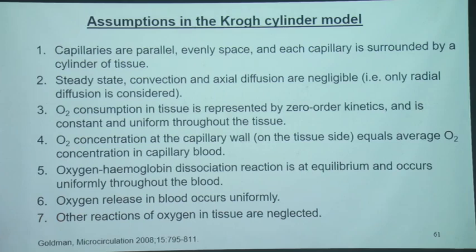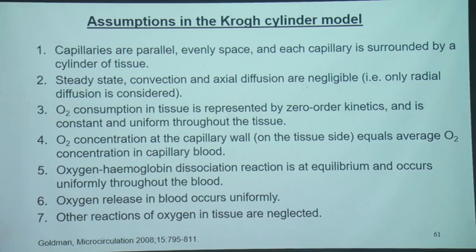Okay, so now there are lots of assumptions. If you want to study the assumptions and know the details about all of these, I would refer you to this paper by Goldman in Microcirculation. It has an elaborate discussion about each of these assumptions. So first, the major assumption is that the capillaries are identical, parallel, evenly spaced, and each capillary is surrounded by a cylinder of tissue, right?